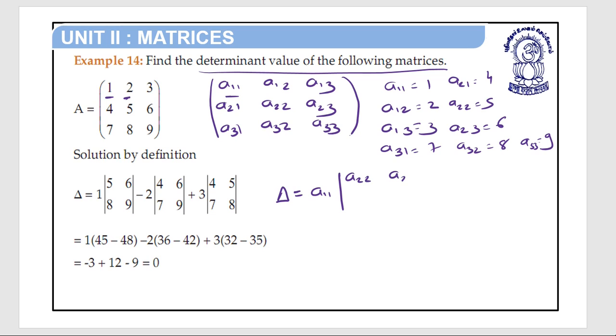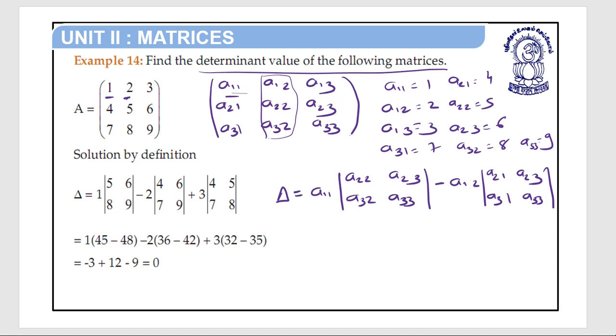A22, A23, A32, A33, minus A12: second column and first row, so A21, A23, A31, A33, plus A13, the third column, first row, so A21, A22, A31, A32.